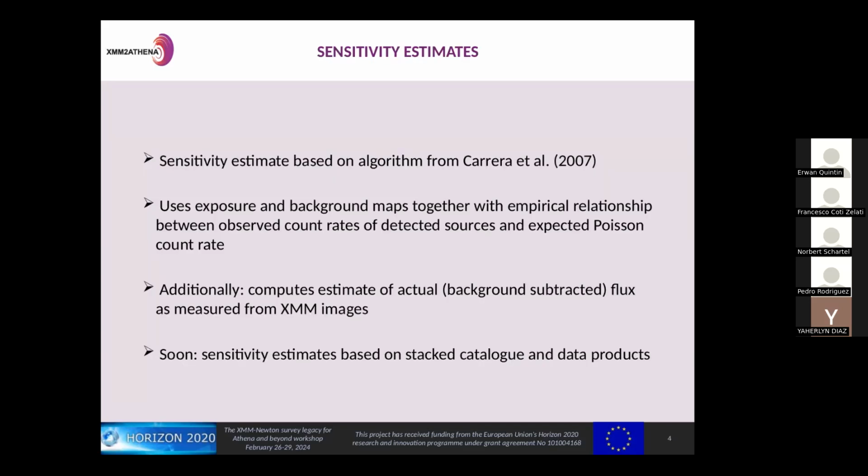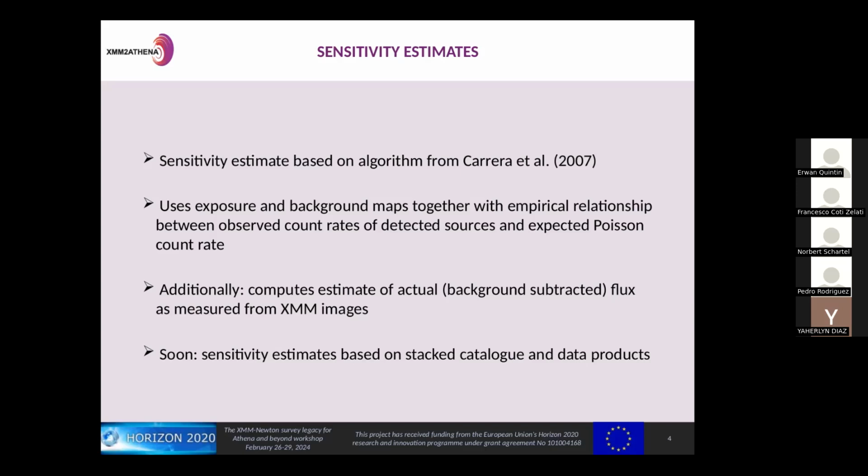So just to give you a bit of technical detail, this is a sensitivity estimate that's based on the algorithm from Francisco's paper, Carrera et al. 2007. It uses the exposures and the background maps together, using an empirical relationship to get the count rates from the detected sources and the expected Poisson count rate.